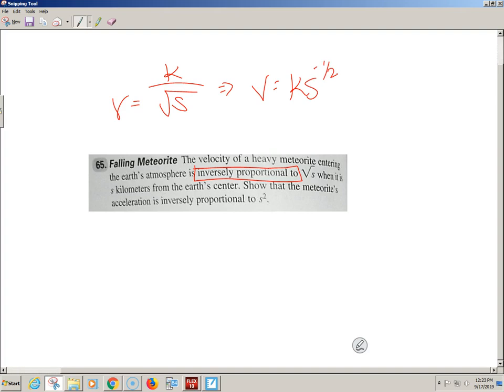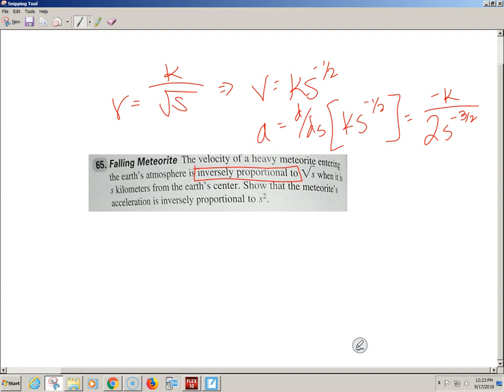Acceleration is equal to the derivative in terms of s, right? Because s is my independent variable. So I could have brought down my negative 1/2 power, inversely proportional when it's s powers, and that would have gotten my negative k all over 2 s to the negative 3/2 power.